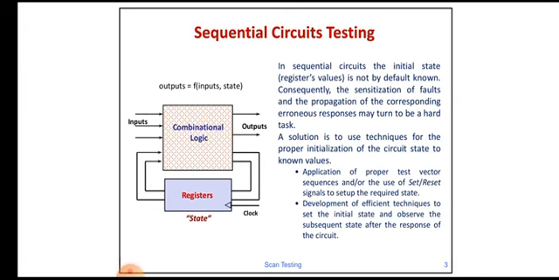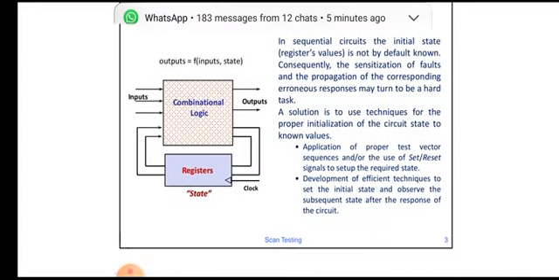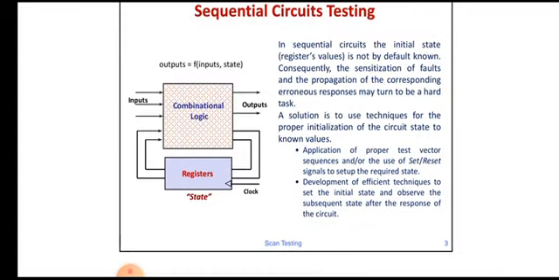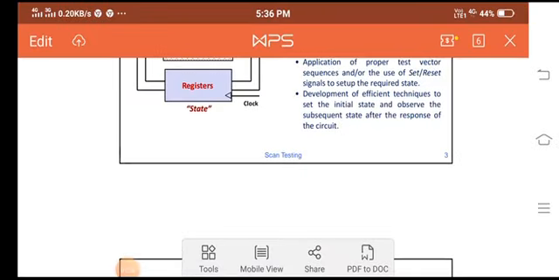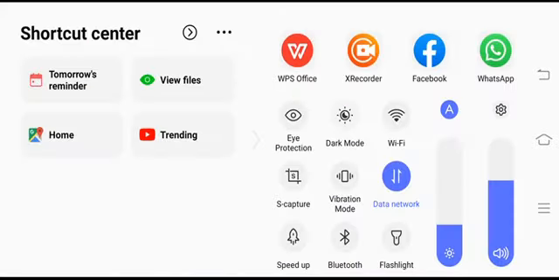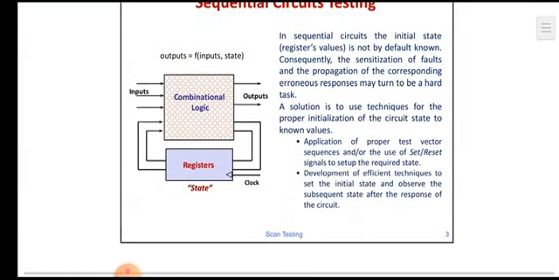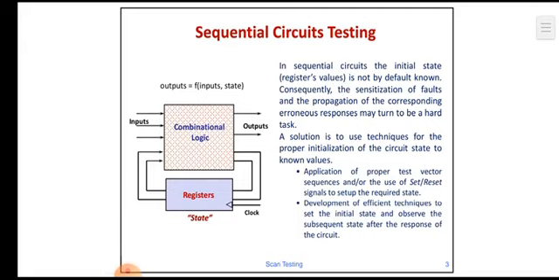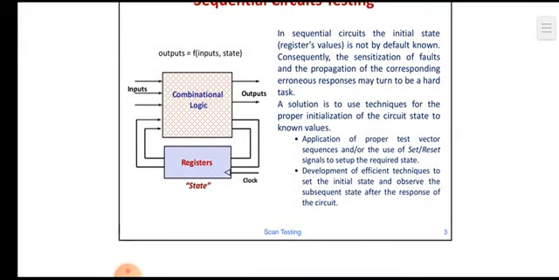As we know very well, we have two kinds of logic circuit: one is a combinational circuit and second is the sequential circuit. In a combinational circuit, if we provide the input and get the output, the output is completely dependent upon the input.